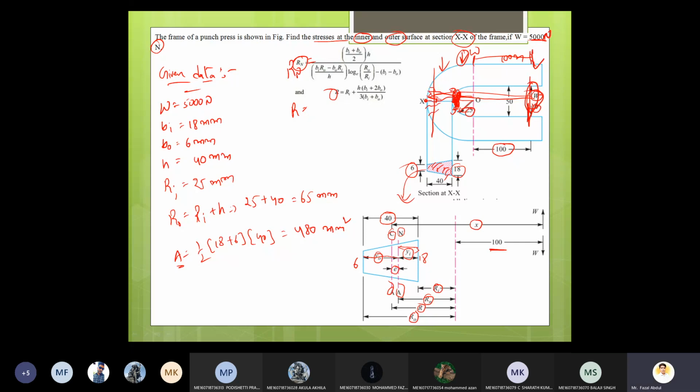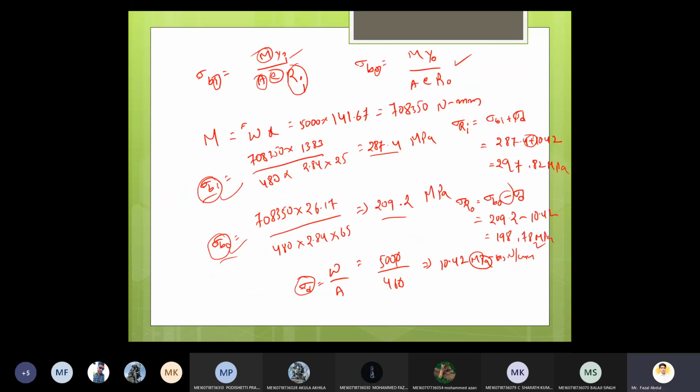Here extra material is gathering, so I am adding the plus. That is the difference. Now this is the bending stress at the inner fiber, and this is the bending stress at the outer fiber.